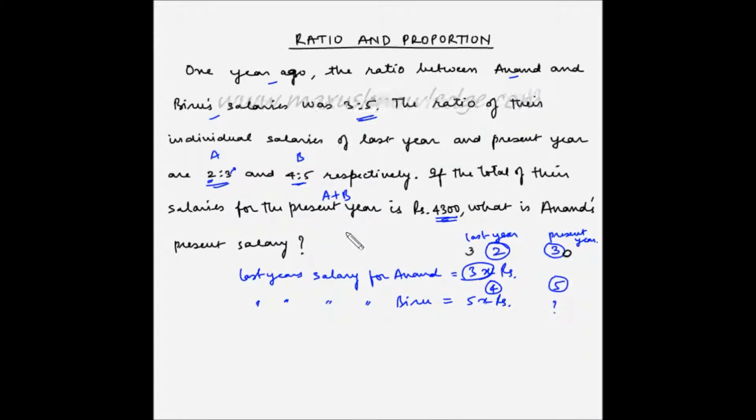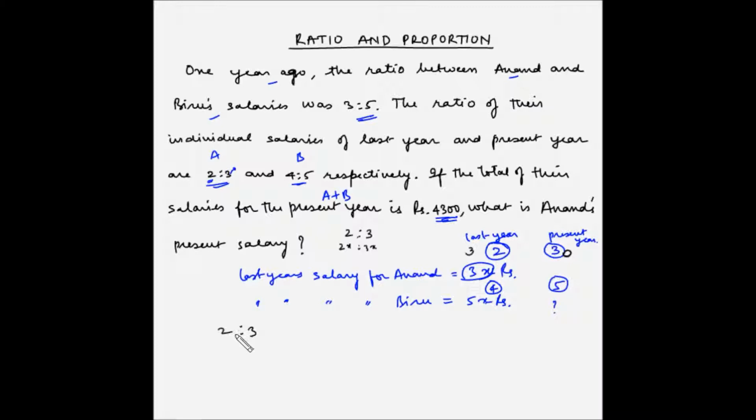So we know that if there is a ratio 2:3, we can multiply the ratio with any number as long as we multiply the numerator and the denominator with the same number. So we can have 2x is to 3x. So if we have to convert this 2 into 3, what will this 3 for present year become? So let's say the ratio is 2:3.